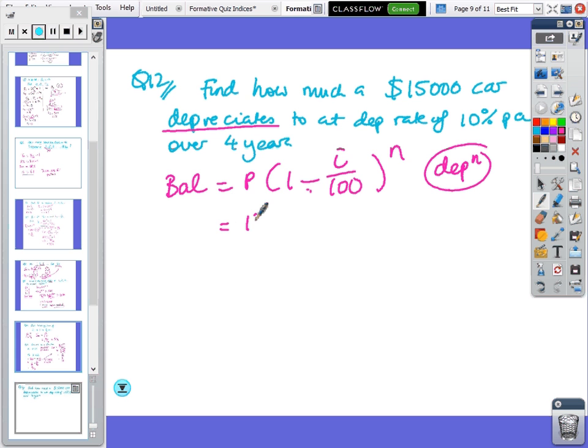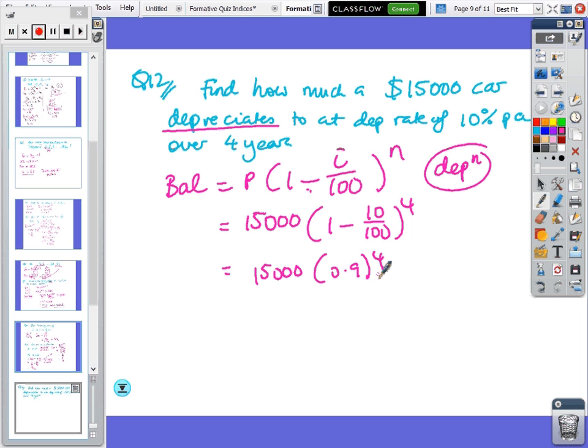So we've got 15,000 times 1 minus 10 over 100 to the power of 4, which is 15,000 times 0.9 to the power of 4. And you get $9,841.50. Don't forget to put the 0 behind the cents.